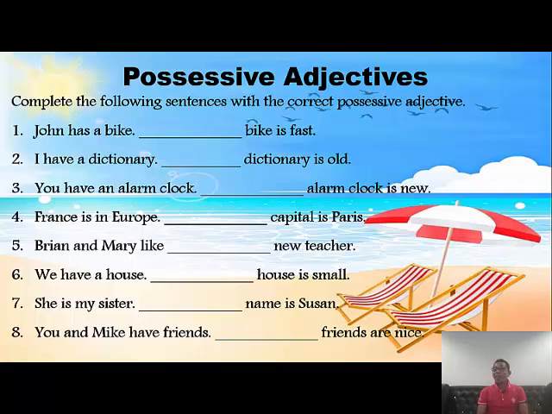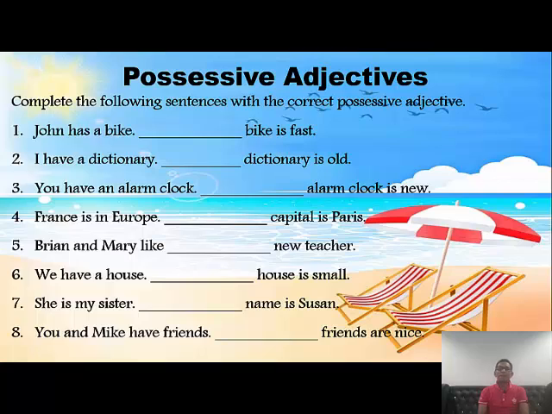bike is fast. Alright, I'll give you a few minutes to think, and then we'll come back later for the answer. Let's read through the questions first. Number 2, I have a dictionary. Dictionary is old. What's the answer? Number 3, you have an alarm clock. Alarm clock is new.